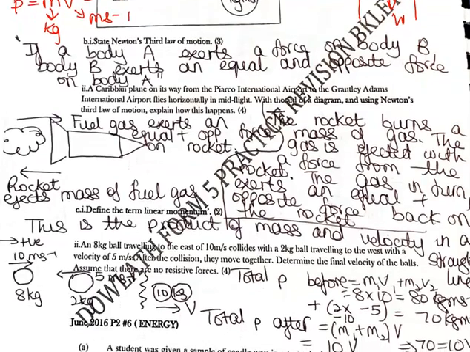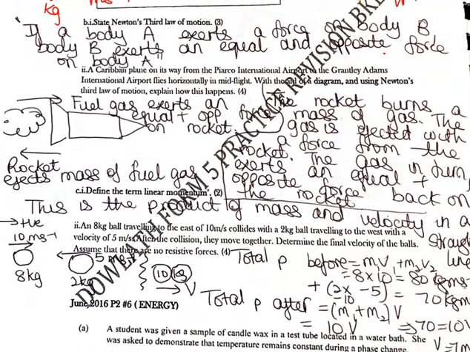Alright, so this part of the question is dealing with having an airplane flying horizontally in mid-flight. So when you read the question, you can feel free to pause the video and read the question. You will notice that the airplane is flying horizontally. So there are certain phrases that are very important in guiding us in designing our answer.